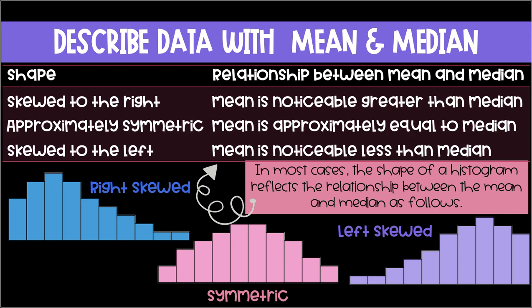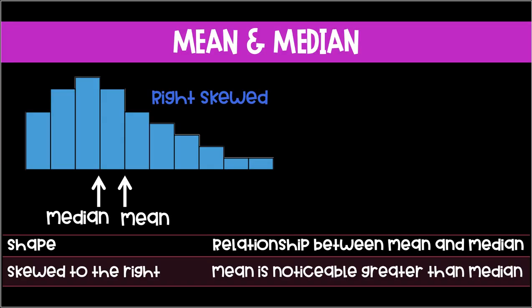If your data set is skewed to the right, then the median is to the left of the mean, or the mean is to the right of the median. You can choose to remember the mean is to the right because our data set is right skewed. So if you say right skewed, the mean is to the right, it will be easier for you to see it. And on your assignments, you should be asked to draw conclusions from this.